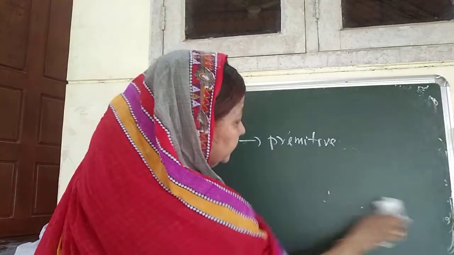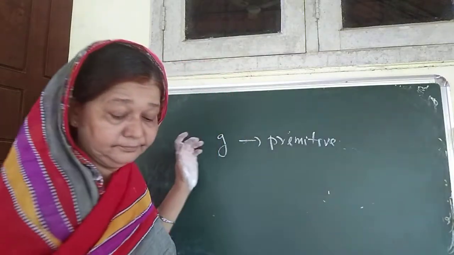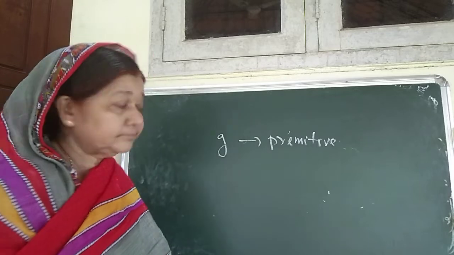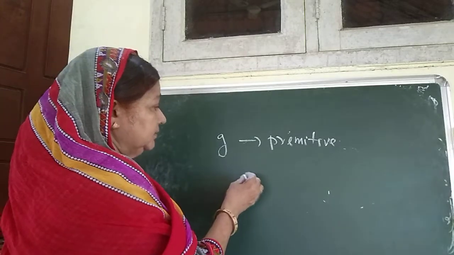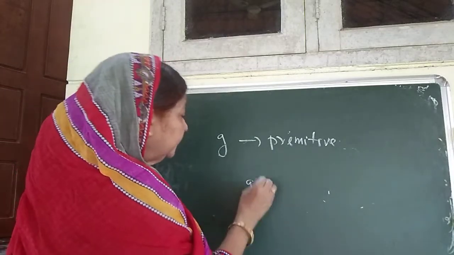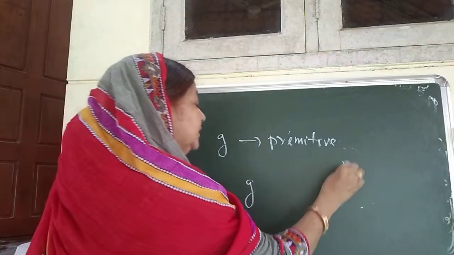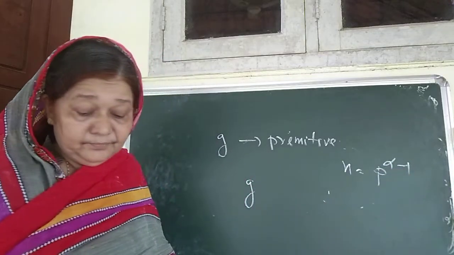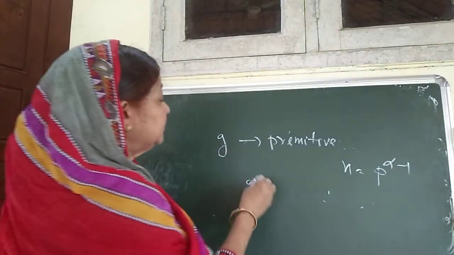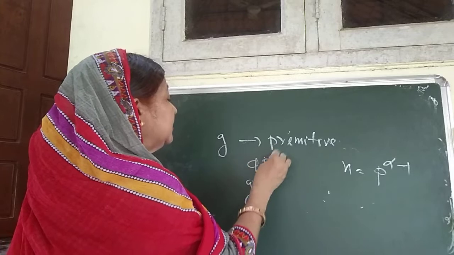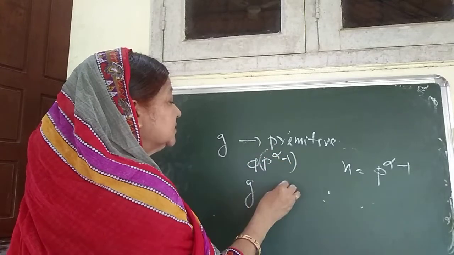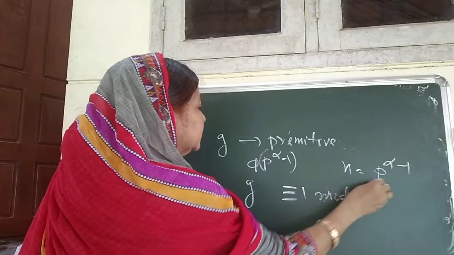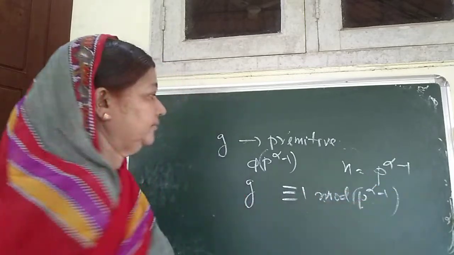We know by Fermat's theorem, if instead of n we assume p raised to alpha minus 1, then g raised to phi of p raised to alpha minus 1 is congruent to 1 modulo p raised to alpha minus 1.